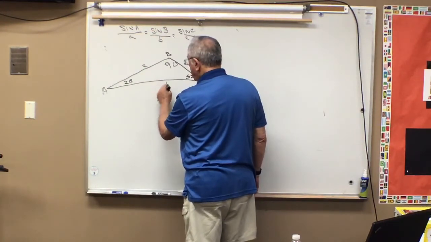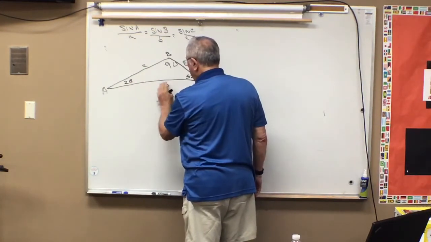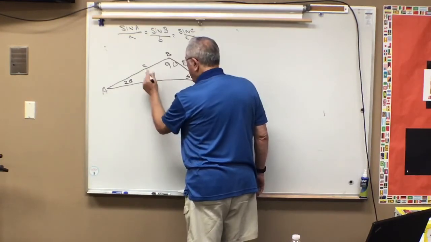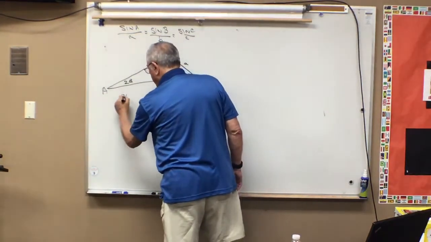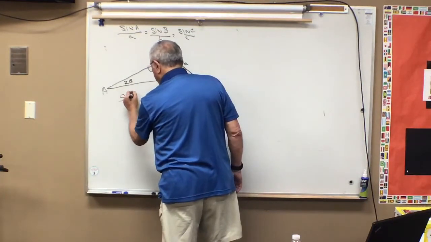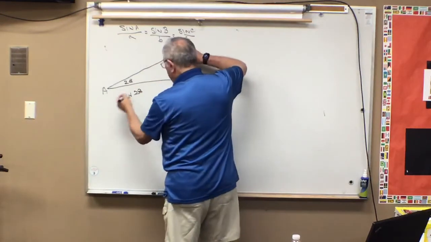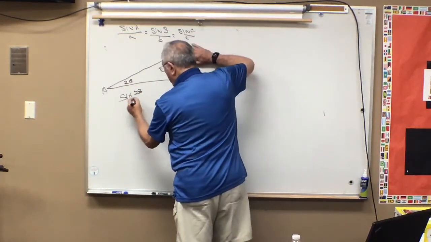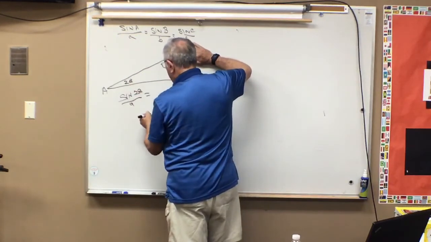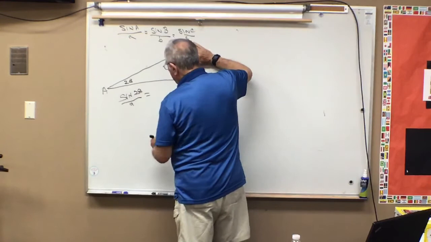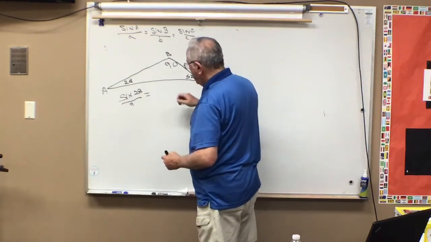Let's see. So A, so the sine of 28, right? And I'm going to erase these, and this is what we're going to get. So the sine of 28 over A equals, well, we don't have another one, do we? Now, here's what I'm going to do though.